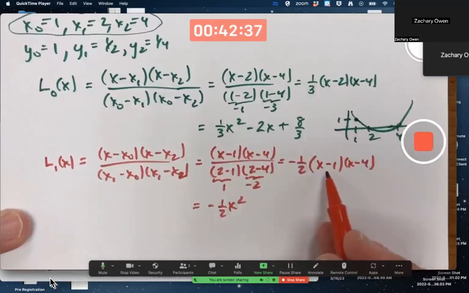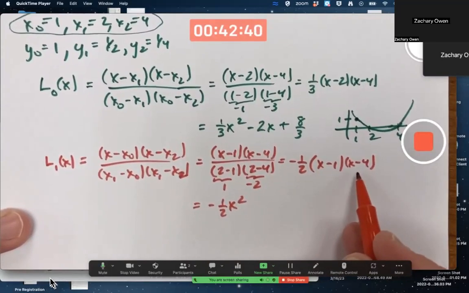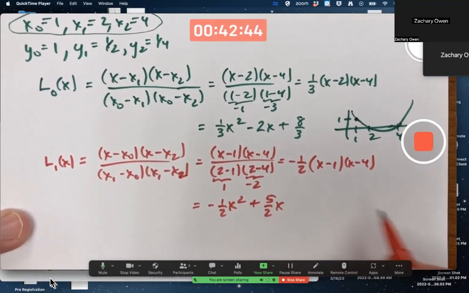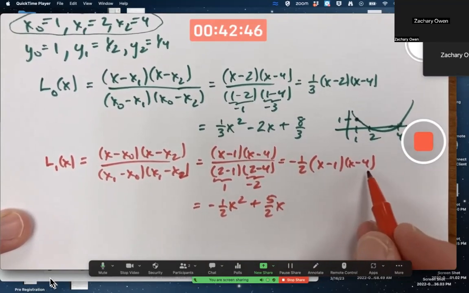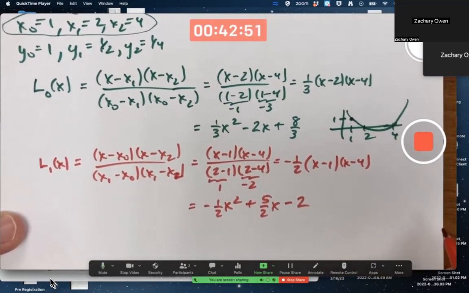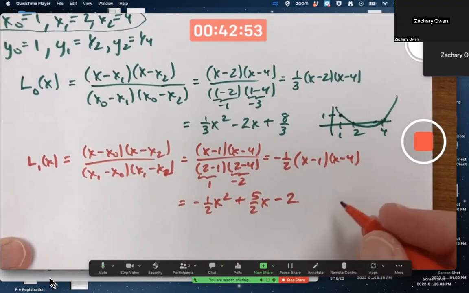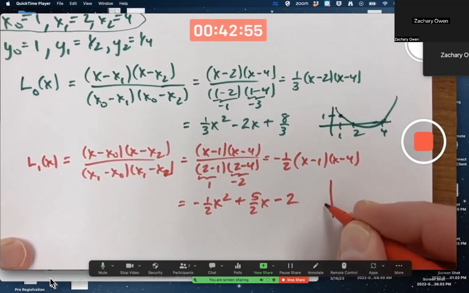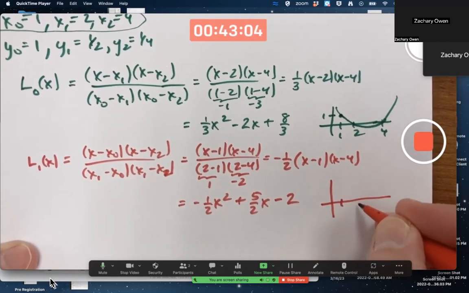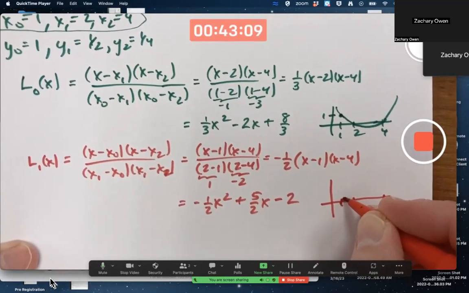Outside and inside terms in the foiling of this would become minus 5x times negative 1/2, which is plus 5/2 x. Last times last is positive 4 times negative 1/2, which is minus 2. So if I've not made a mistake, that would be L1 of x. I'm hoping I'm not making a mistake here. You should maybe try to check to make sure I didn't make a mistake in all this. If I've not made a mistake, this is the polynomial whose graph looks like this.